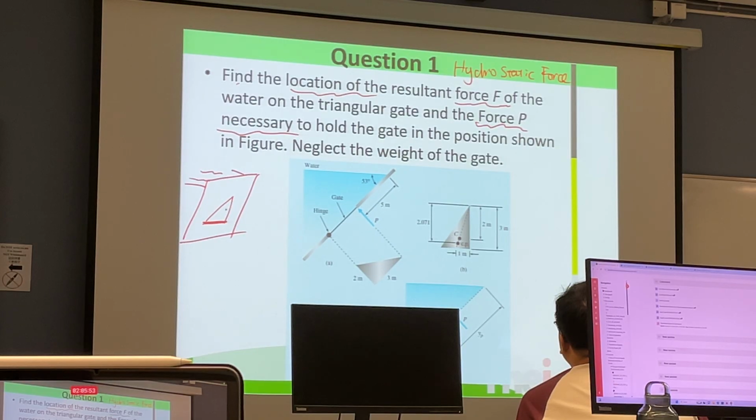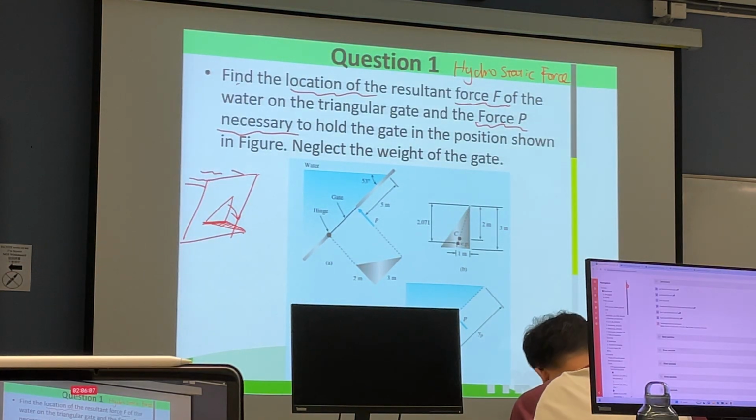This is the hinge, so the gate can be opened this way to let the water come out. Here we estimate how much is the P force to hold this gate in place, and where is the location of the center of pressure?